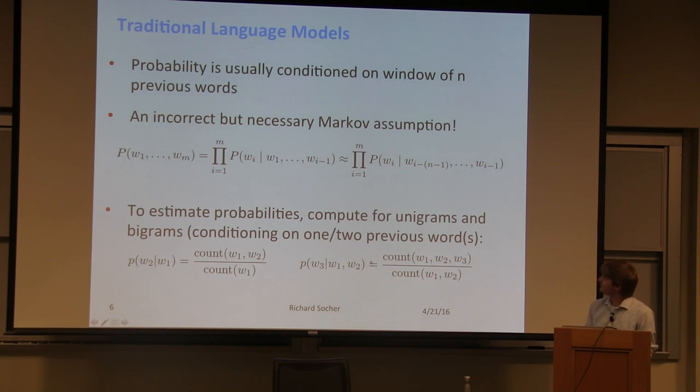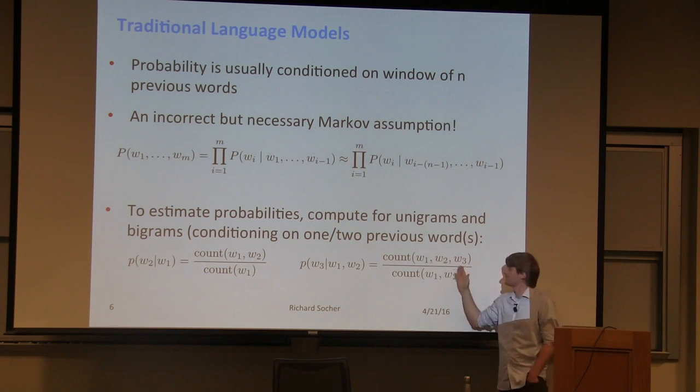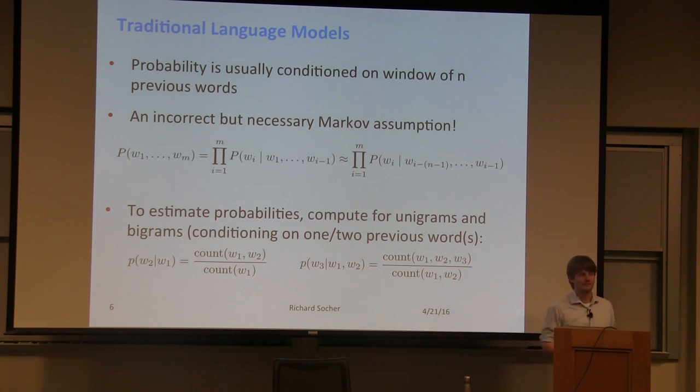So here we have a simple trigram model, so we condition the probability of seeing a third word based on the preceding 2 words. But now we need to collect all the counts in our entire corpus for every possible sequence of trigrams. And there are a lot of trigrams, right?